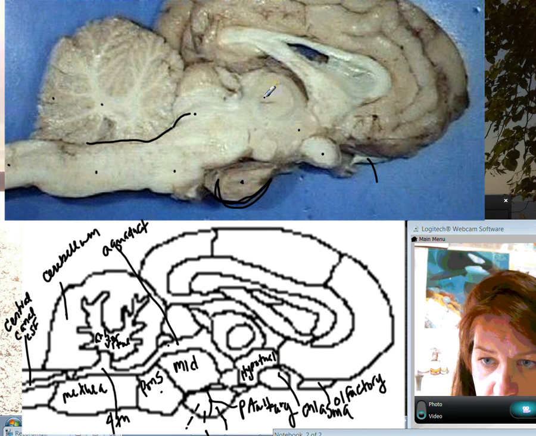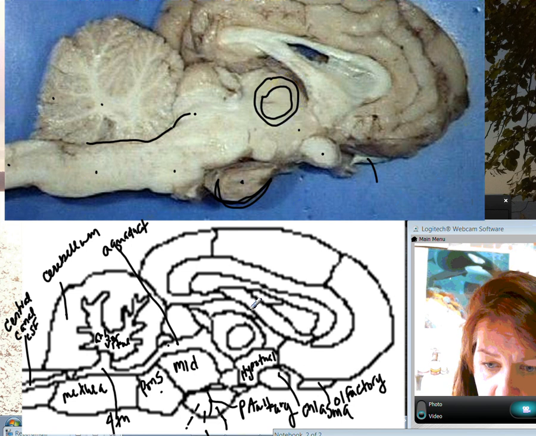This is considered the interthalamic adhesion. And this whole round region, you definitely see the round region, anywhere here is the thalamus. So both of these are thalamus. This is the interthalamic adhesion and the thalamus. So that is the thalamus.